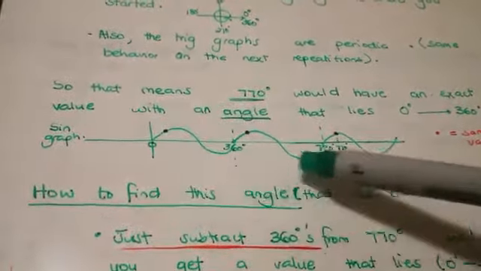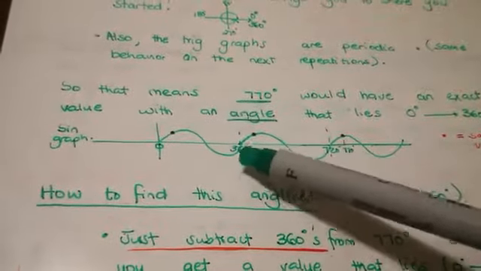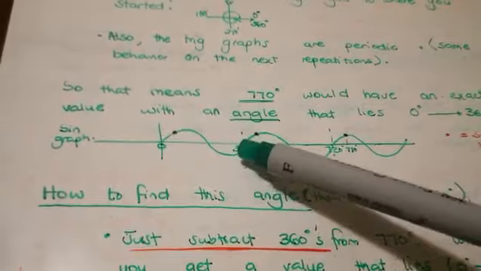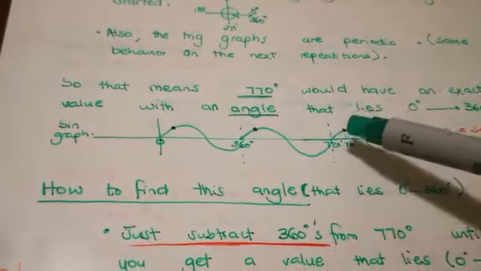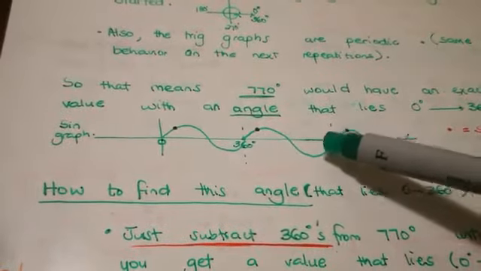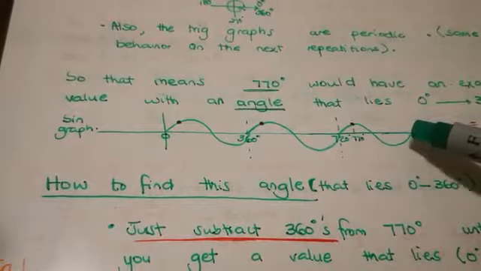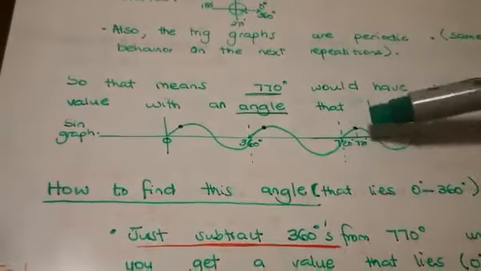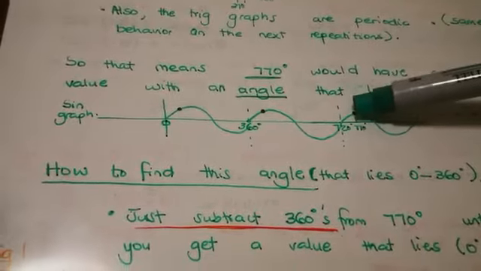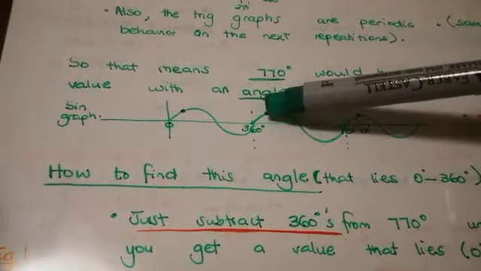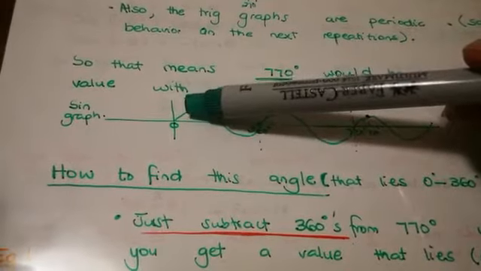So I have a diagram here to explain that. If this is my 0 to 360 degrees, the graph repeats. The graph of sine repeats between 360 and 720, and then it repeats again between 720 and 1080. Now 770 falls into this repetition. This point will fall exactly the same as here, and then exactly the same as here.